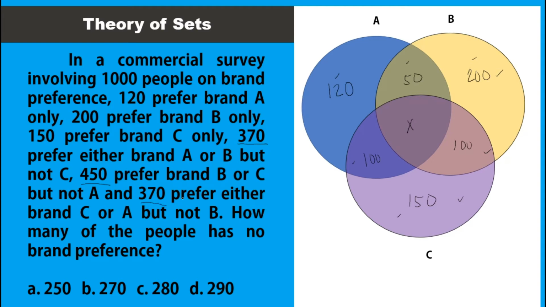370. So the total of this should be 1000. So you have 1000 equals 120 plus 50 plus 200 plus 100 plus 150 plus 100 plus x, that is equal to 1000.